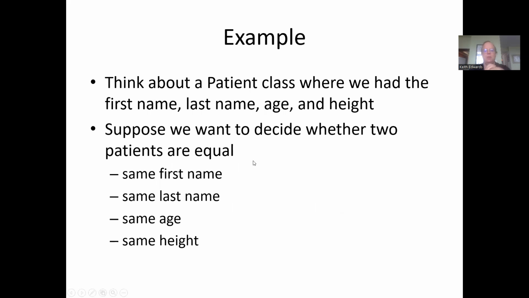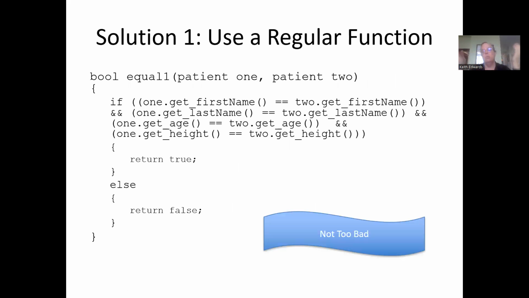So think about the patient class where we have the first name, last name, age, and height. Suppose we want to decide whether two patients are equal. Well, if they're equal, then they have to have all the same information, same first name, same last name, same age, and same height, and that would make them equal. So solution one is usually a regular function. Here is equal 1. We pass it patient 1 and patient 2.